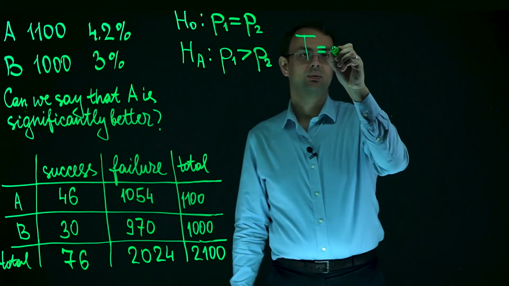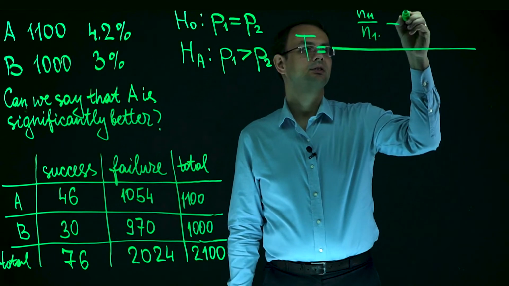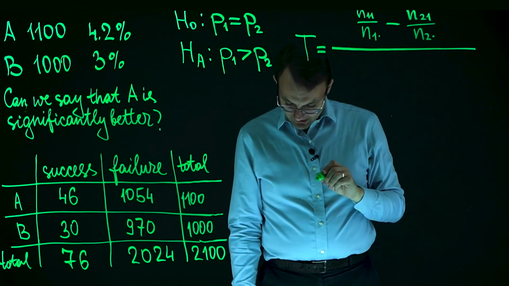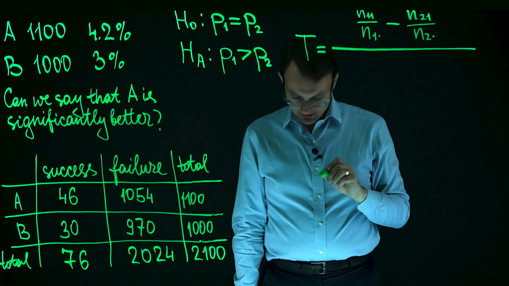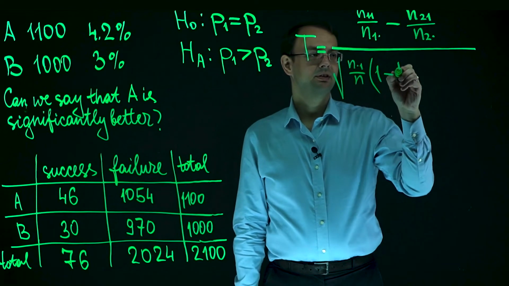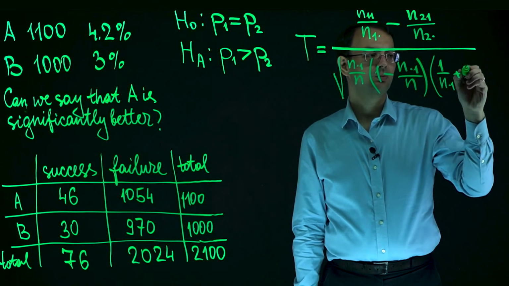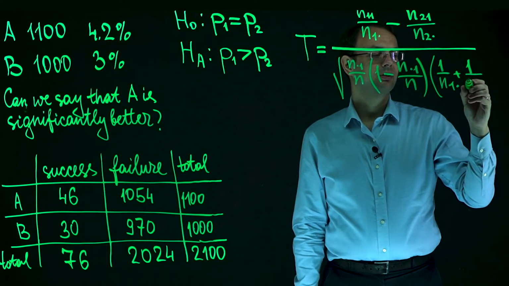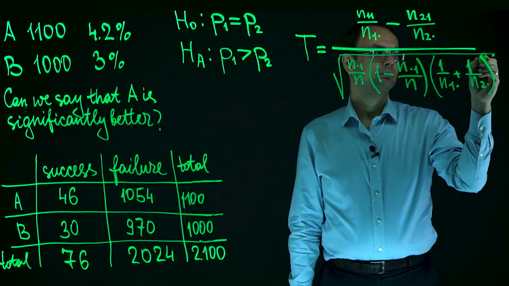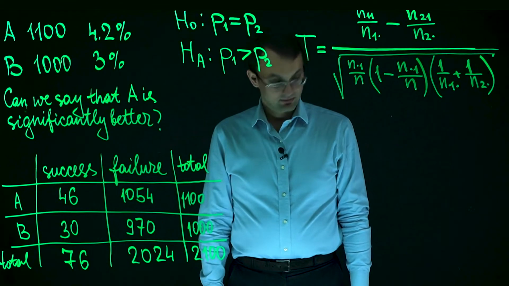T is equal to N11 over N1 dot minus N21 over N2 dot in the numerator, and in the denominator we have a big square root of N dot 1 over N times 1 minus N dot 1 over N times 1 over N1 dot plus 1 over N2 dot. So this is the test statistic.